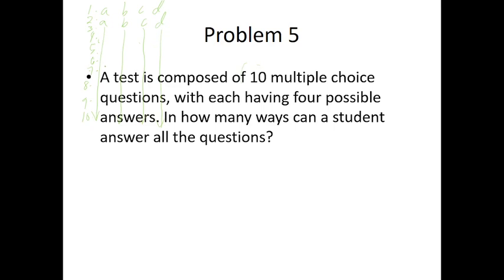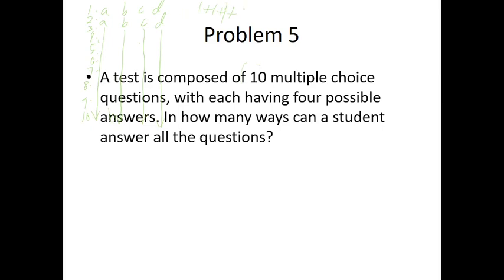So, the first way, a student answered from 1 to 10 all A, no? Lahat ay A. That is one count. Pwedeng 1 to 9, tapos number 10, B. Another count. 1 to 9, A lahat. Number 10, C. Another count.